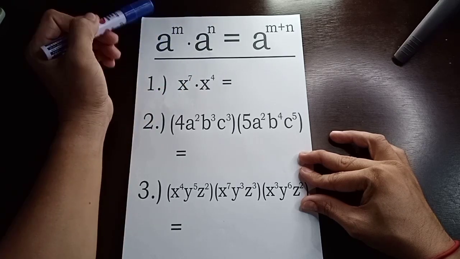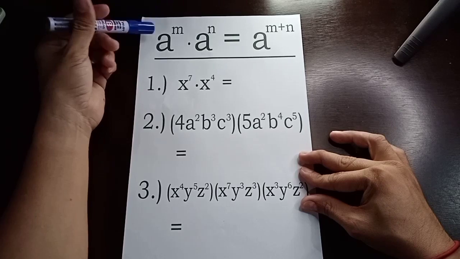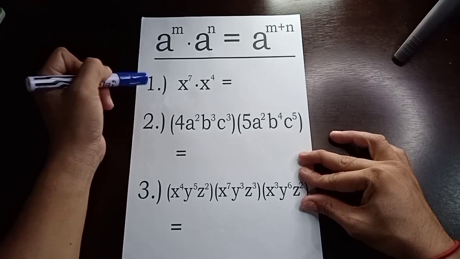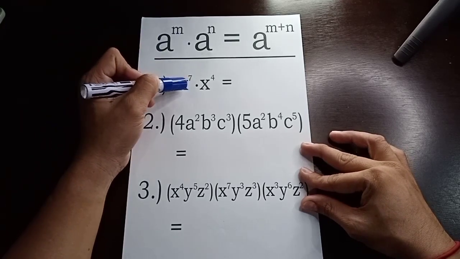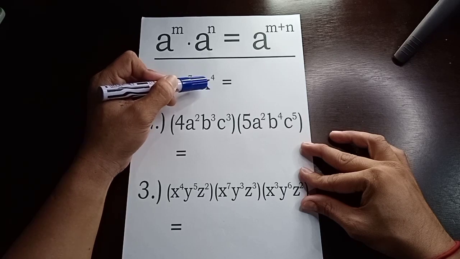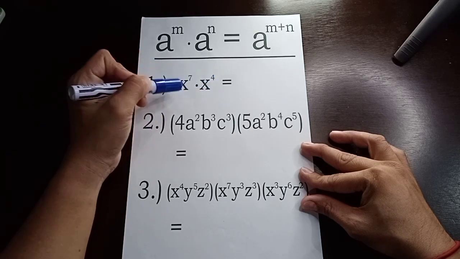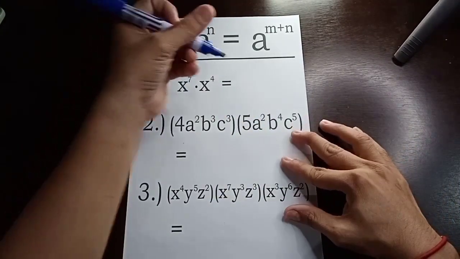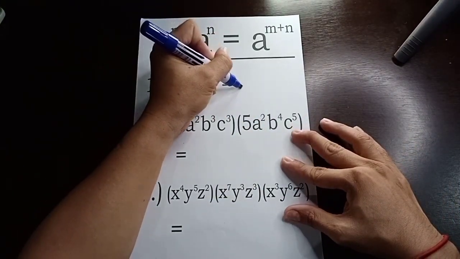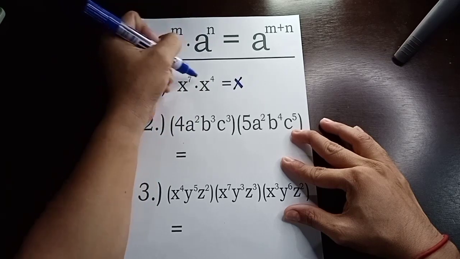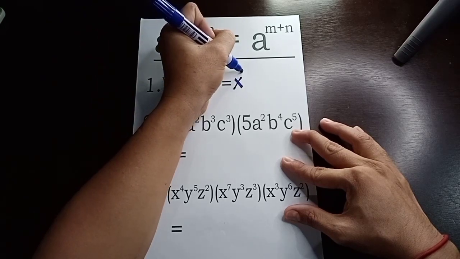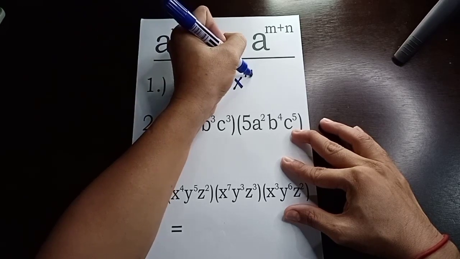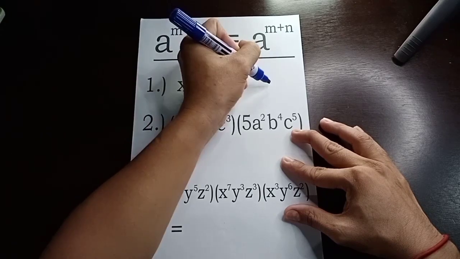Yan yung product rule. So, for example, in number 1, we have x raised to 7 times x raised to 4. Magkapareha yung base nila. So, copy the base, x, and then add the exponent, 7 plus 4.